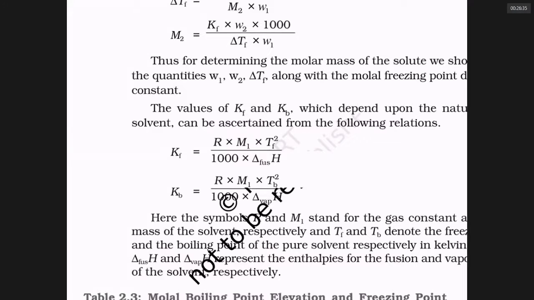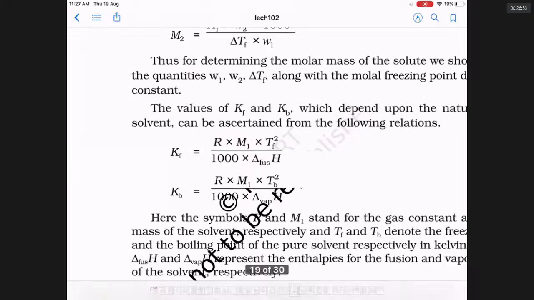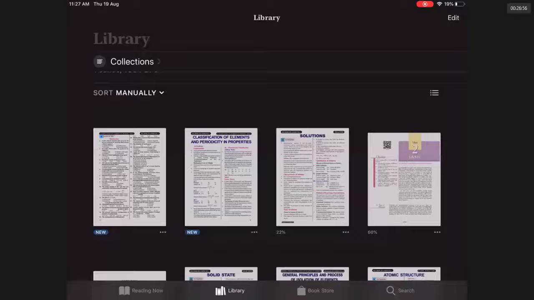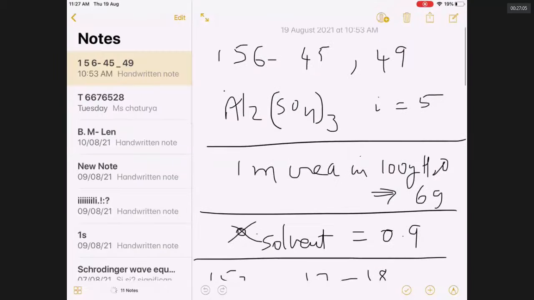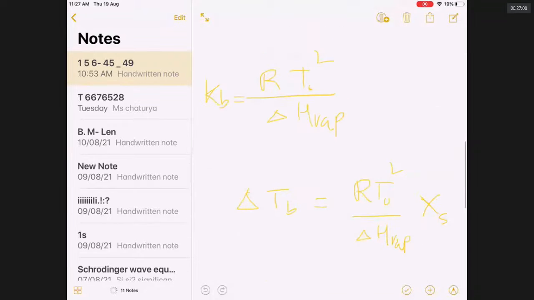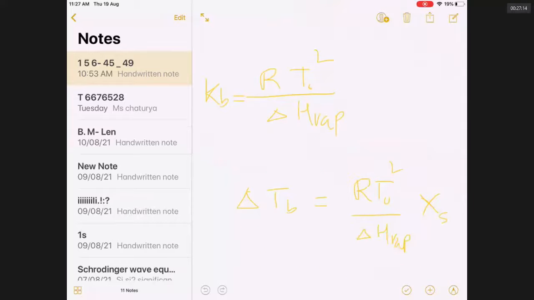Kb is equal to R T0 squared by delta H vap, where R is the universal gas constant.